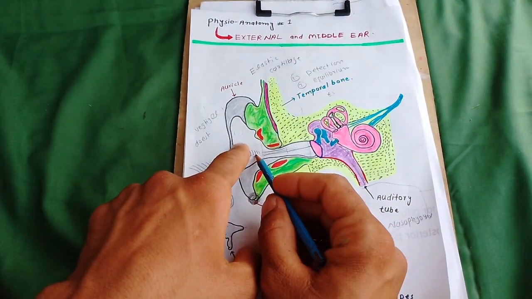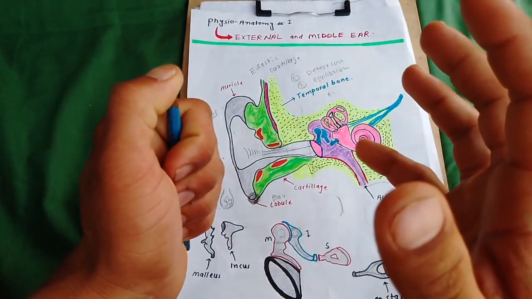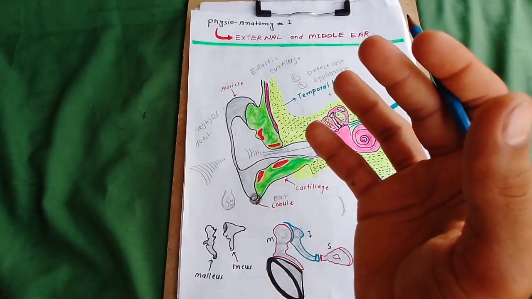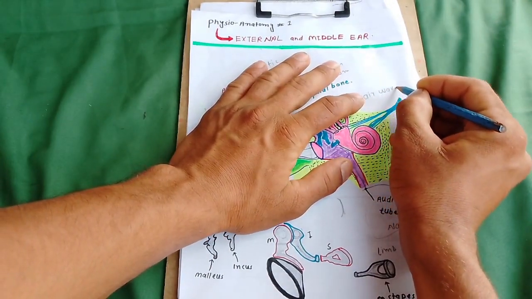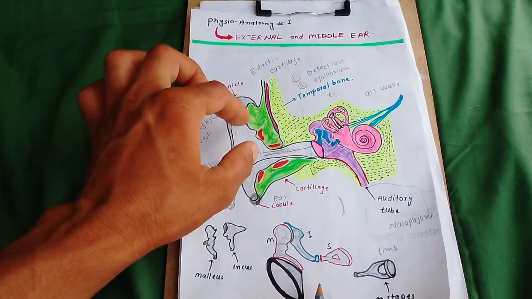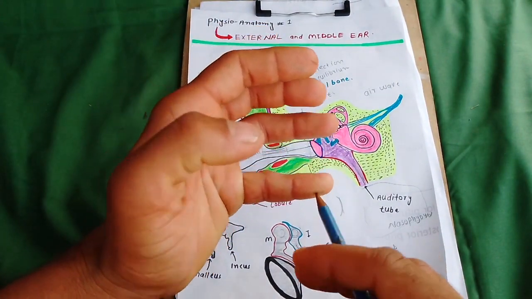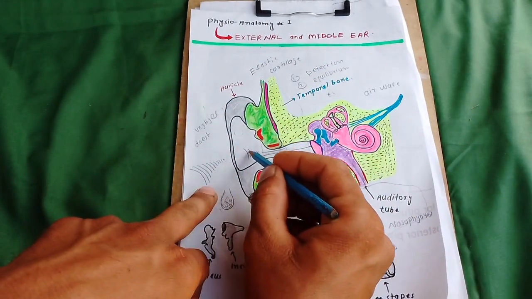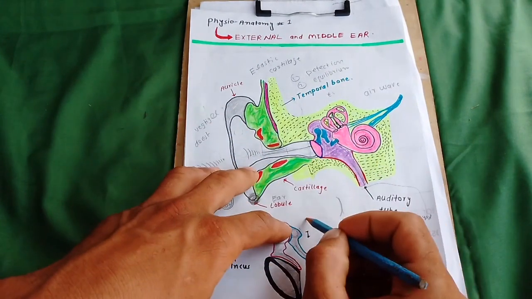The external ear collects and transmits the sound in the form of air waves. So the sound is collected by the ear pinna and goes through this canal in the form of air waves.